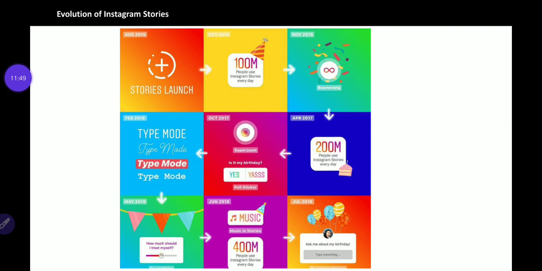Now coming to the Instagram stories platform, the evolution they have seen from the launch of the platform to having multiple users, 100 million users, and the Boomerang application being applied to stories.